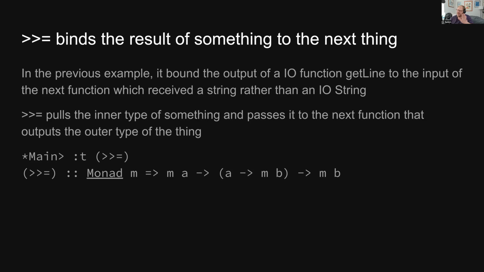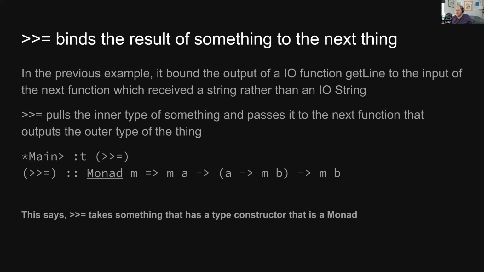So a little bit of background, going backwards and reviewing what we did a couple of times ago, was this bind operator. If you remember, the bind operator takes monadic things and binds the result of one, basically takes the innards out of one type and applies it to the innards of the next type through a function, and then returns the result of whatever that original type was back.